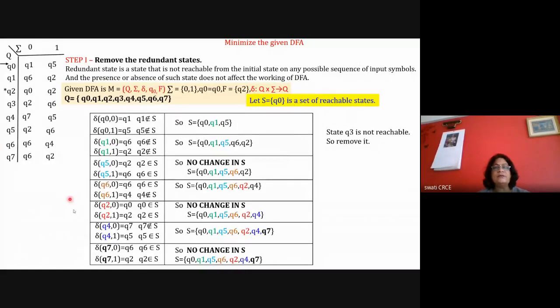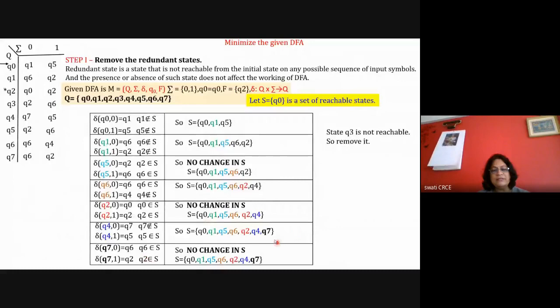The first step is simple: identify non-reachable states and remove them. We have assumed the set S, a set of reachable states, which contains only the initial state Q0 in the beginning. Then we find out how the machine transitions with the 0 and 1 input symbols, and go on adding the states which are reachable.